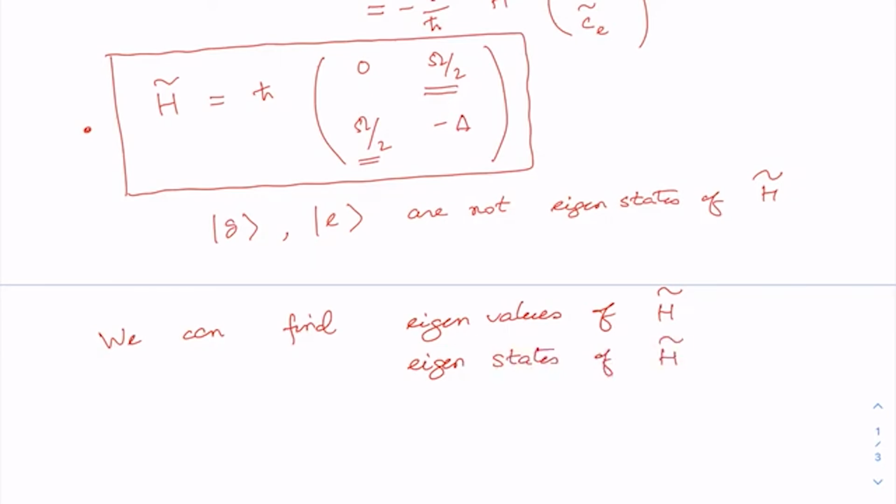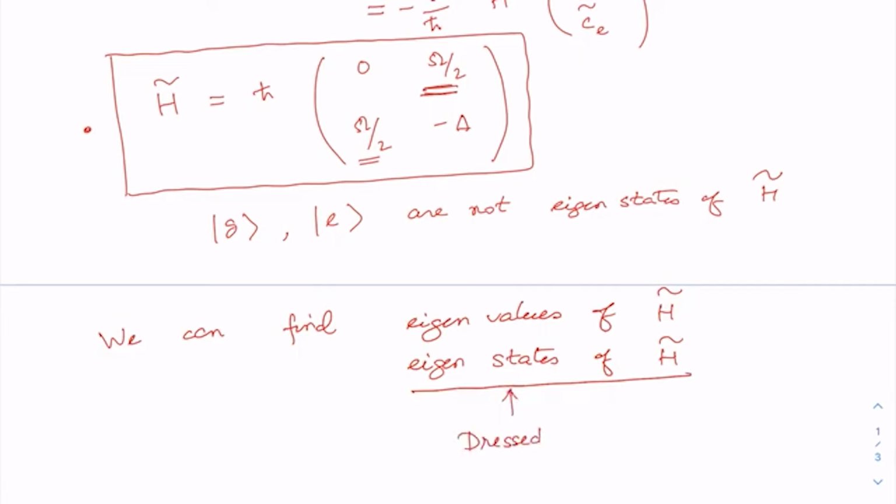This Hamiltonian is, as if, dressed by the laser light, so it is a kind of dressed Hamiltonian. And in this formalism, the eigenstates of the Hamiltonian H tilde will be known as dressed states.